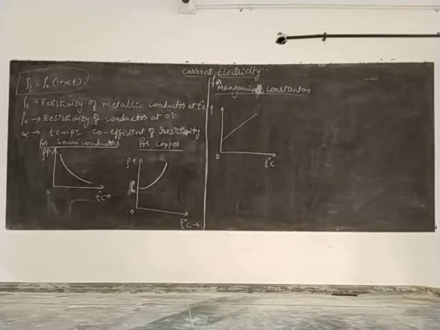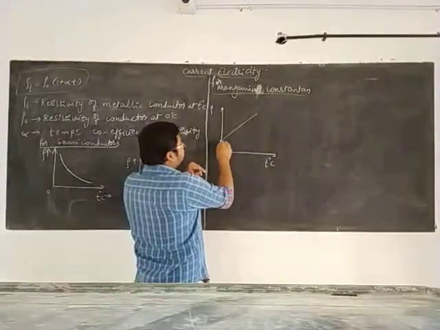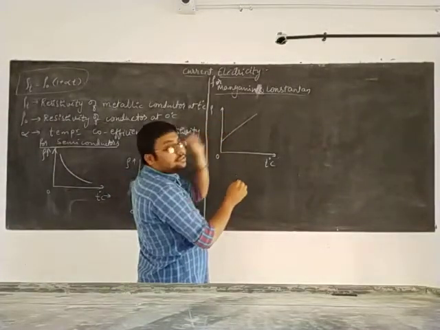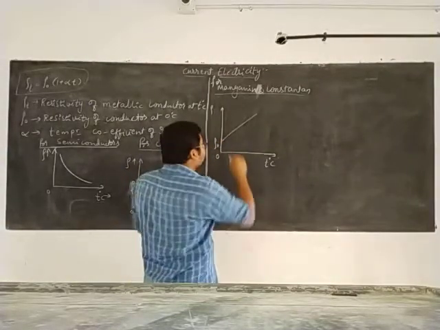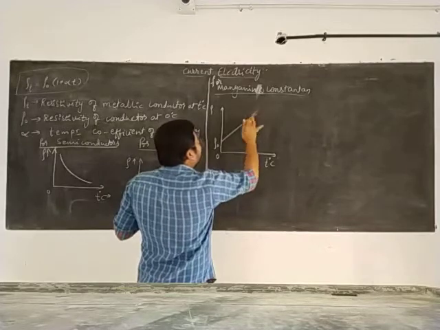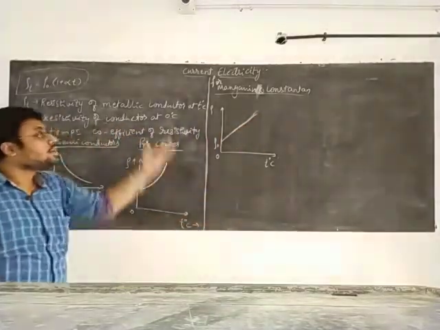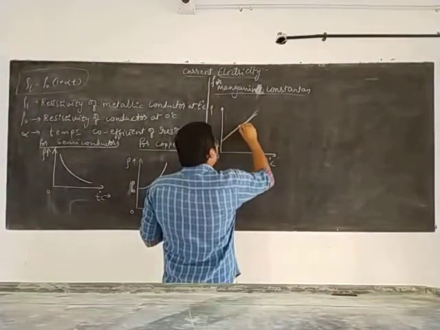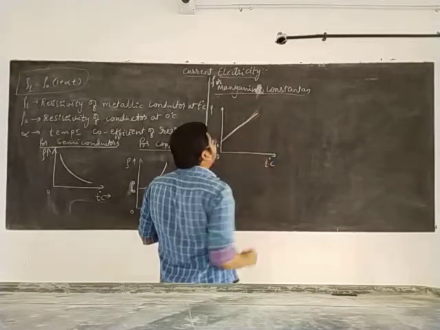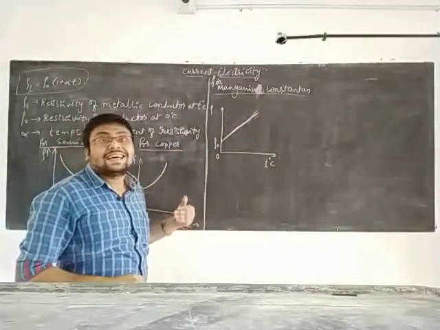At 0 degree Celsius, whatever resistivity manganese and constantan have, we call it rho naught. As you can see, the variation of resistivity with temperature for manganese and constantan is given by a straight line. As the temperature increases, the resistivity also increases linearly.